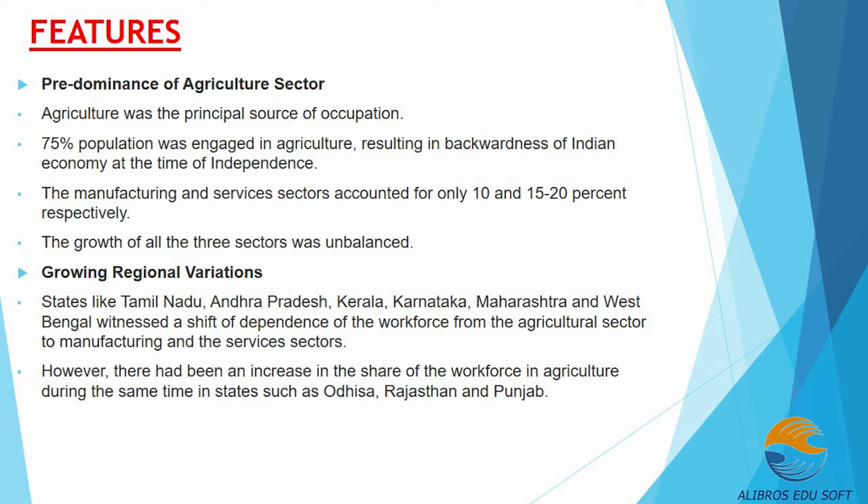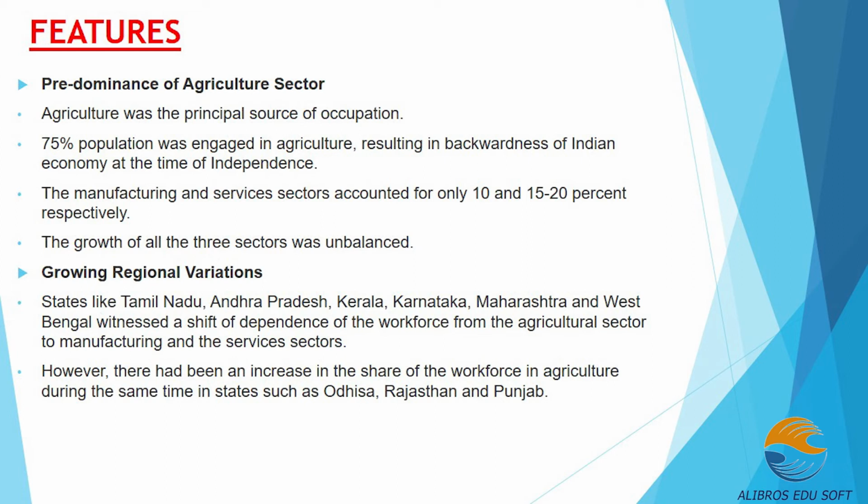States like Tamil Nadu, Andhra Pradesh, Kerala, Karnataka, Maharashtra and West Bengal witnessed a shift of dependence in the workforce from the agricultural sector to the manufacturing and service sectors, which means a great decrease in the number of workforce employed in the agricultural sector. In these states a percentage of the workforce started to depend on the manufacturing and service sectors, avoiding the agricultural sector, which remains the backbone of the Indian subcontinent.